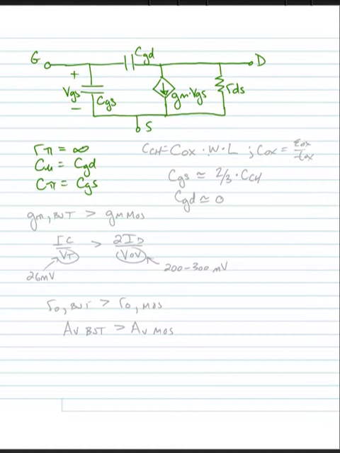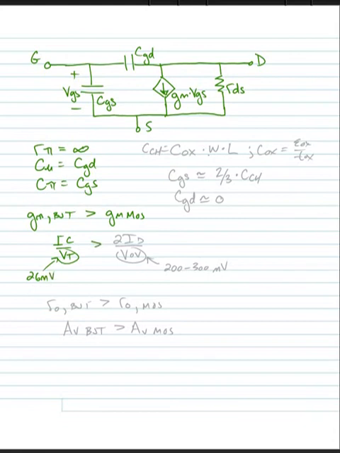Now, one other thing to note is that the GM for a BJT is greater than the GM for a MOS device. And the reason for this is, let's examine our expression for GM for each of these. For the BJT device, we have GM is equal to IC divided by VT, and we know that VT is approximately equal to 26 millivolts.